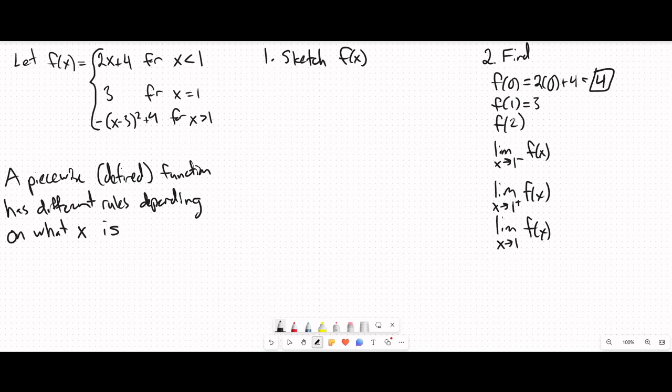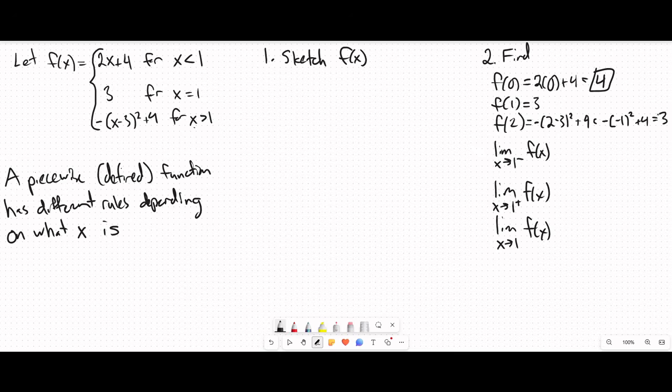And what's f of 2? Well, when x equals 2, x is greater than 1, so we're going to have to use this last rule. It's going to be negative (2 minus 3) squared plus 4. This is negative (negative 1) squared plus 4, and negative 1 squared is just 1, so this is negative 1 plus 4.